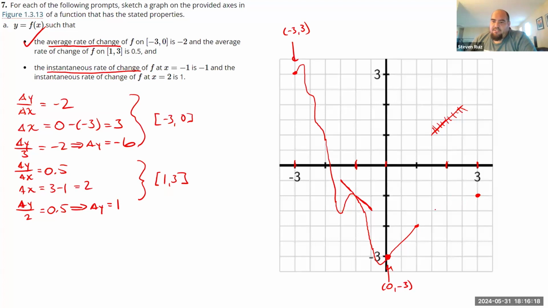I still want to have a slope of 1 at x equals 2, so maybe I'll put that here, tangent slope of 1, and then come here. Again, your graph would look a lot different from this, but I believe that I have met every requirement that's on here. So let's go ahead and look at the second part of this.